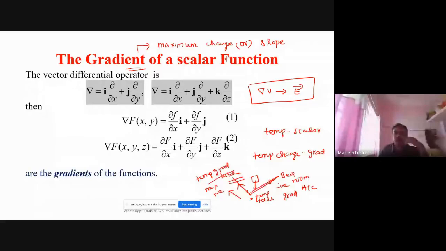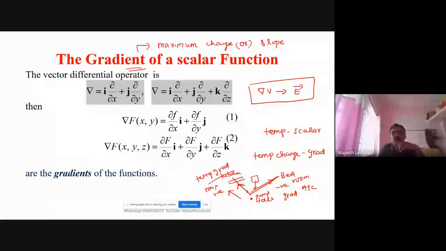So this is talking about gradient. So the gradient equation, you know, for 2 dimensions: del is equal to i dou by dou x plus j dou by dou y. For 3 dimensions: del is equal to i dou by dou x plus j dou by dou y plus k dou by dou z. This is a unit vector, right? So whatever is in bold letters is a vector quantity.